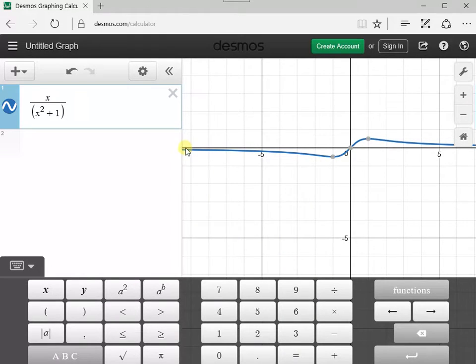If we were to draw tangent lines here, they would all be negative, and tangent lines for this middle portion would all be positive. Negative meaning decreasing, positive meaning increasing. And on 1 to infinity, again our tangents would be negative.